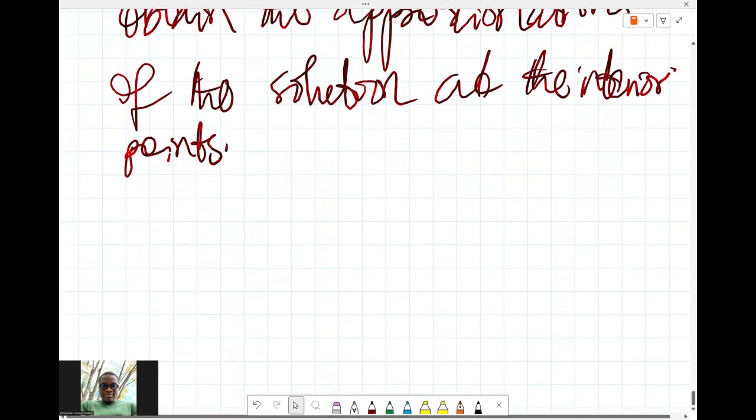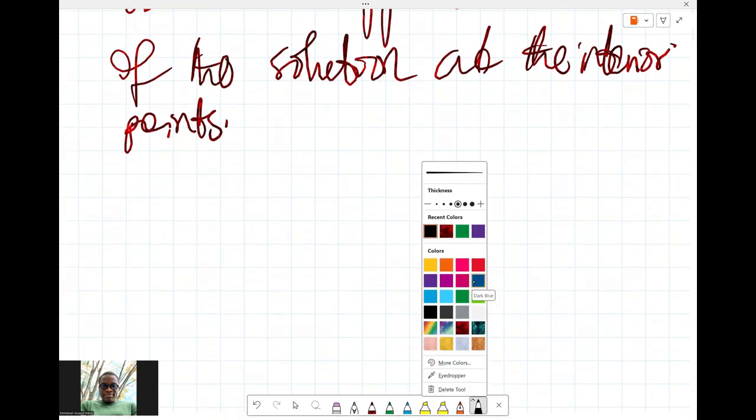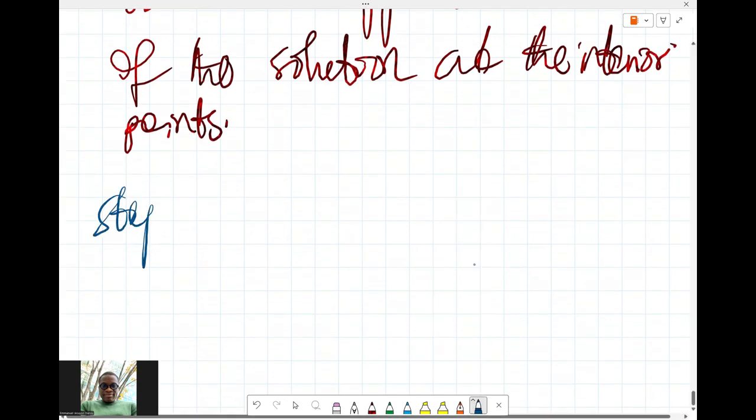Okay. So another step we want to take is step 5, where we compare the numerical solution with the exact solution.